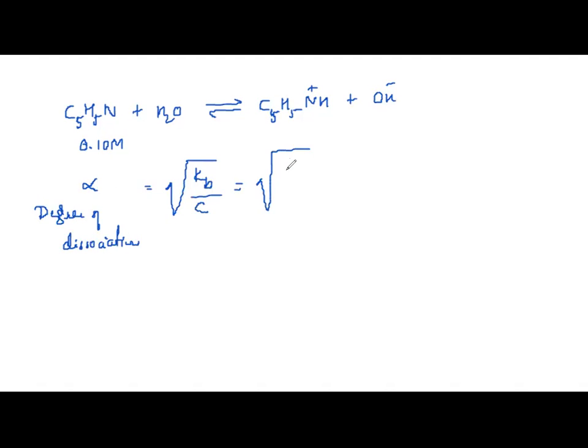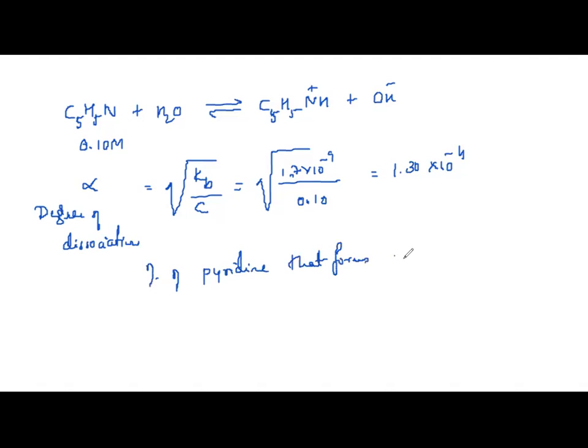It is 1.7 into 10 raised to minus 9 divided by 0.10. Solve it out. You will get the answer 1.30 into 10 raised to minus 4. This is the degree of dissociation. They have said the percentage of pyridine that forms pyridinium ion.